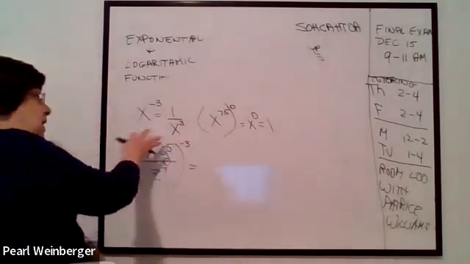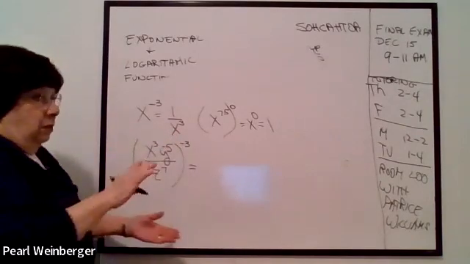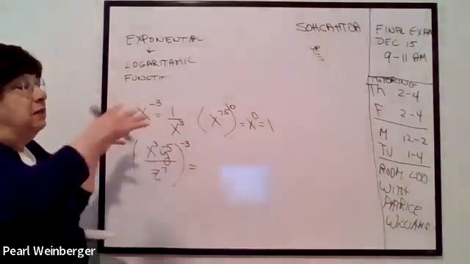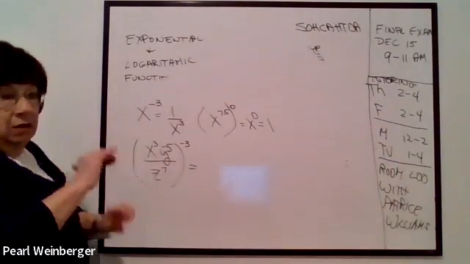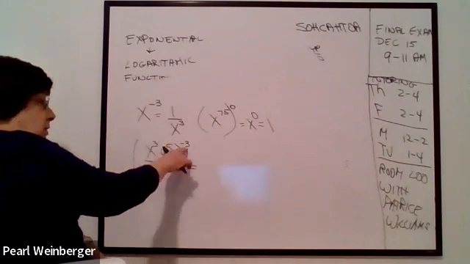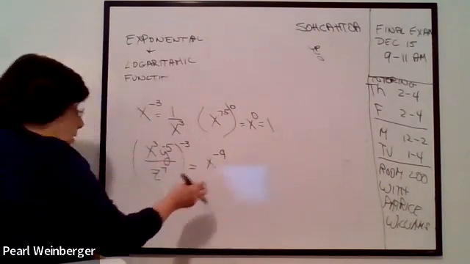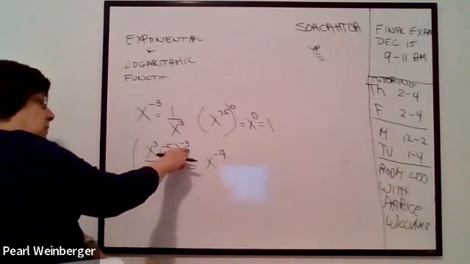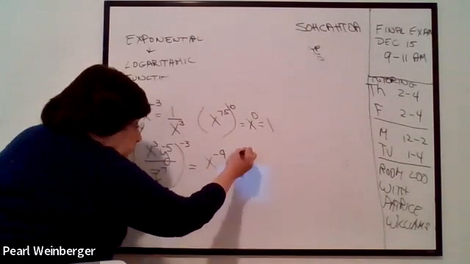So when I have an expression with a negative exponent on the outside, or with any exponent on the outside, the first thing I do is I distribute that exponent to each of the variables. So first I'll do the x to the 3rd to the -3, which will give me x to the -9. Then I'll do the y to the -5 to the -3, and -5 times -3 will give me y to the +15.